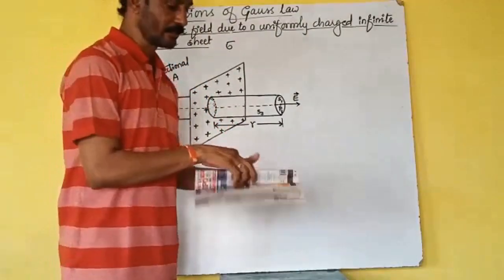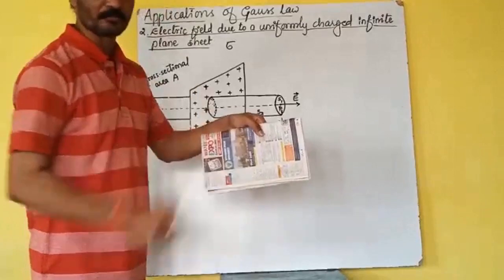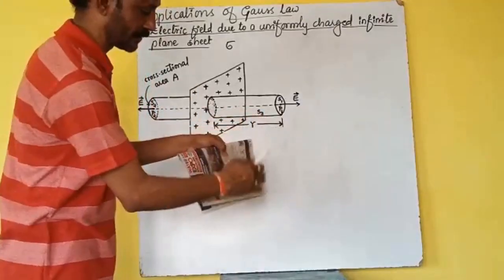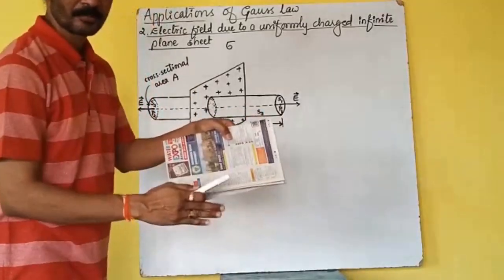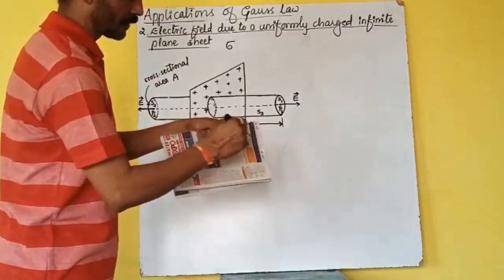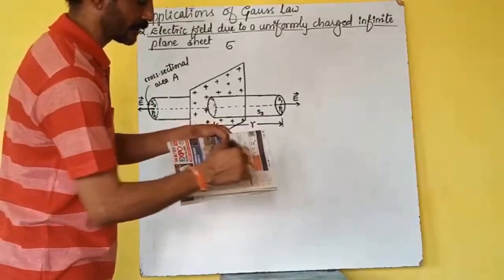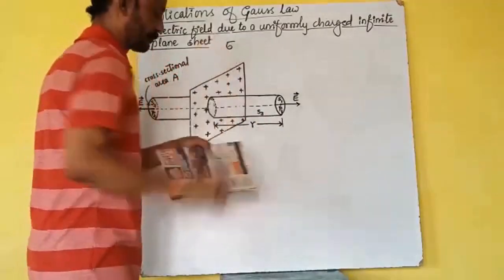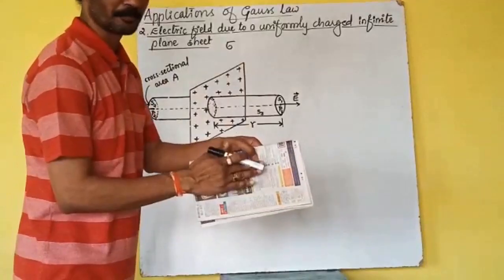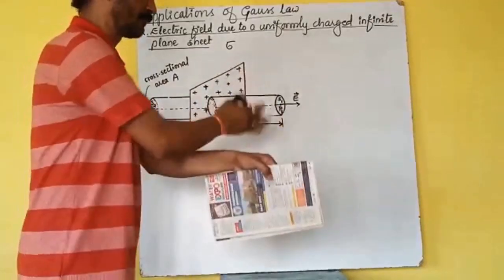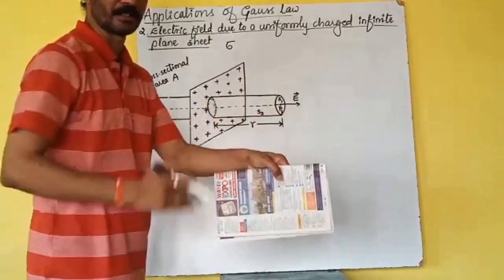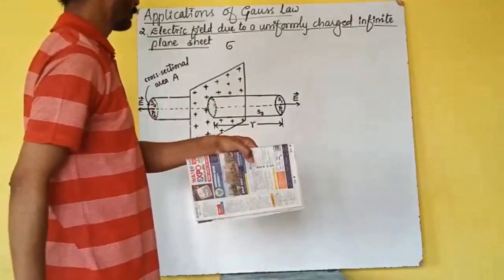Let us consider this is the uniformly charged plane sheet. The surface charge density on this plane sheet is sigma. So this charged plane sheet produces a uniform electric field in the surrounding space.